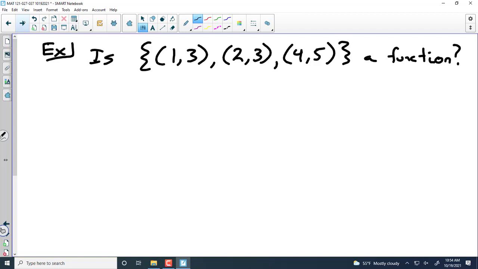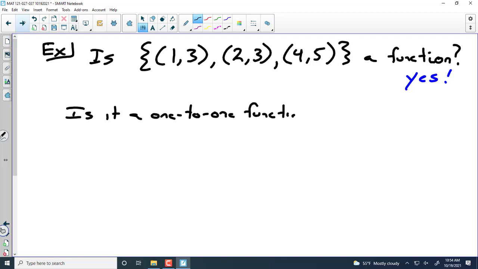Is that a function? Do any x values repeat? No, so that's a function. Yes. Is it a one-to-one function?